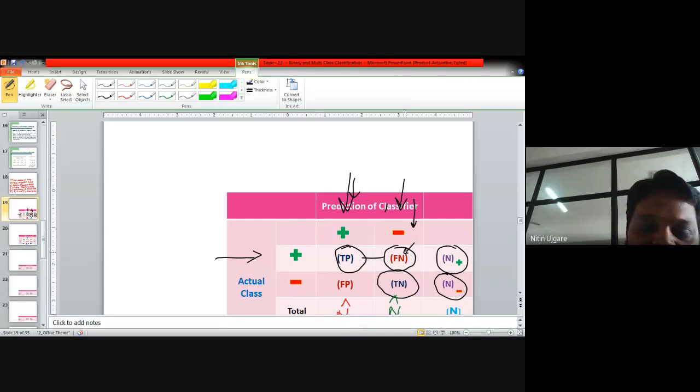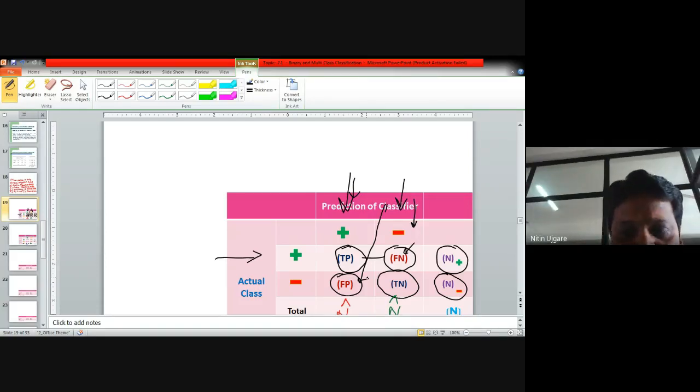In the same way, the other off-diagonal value is abbreviated as false positive. These false positive instances are actually negative class instances, but our classifier has predicted them as positive instances, and hence they are called false positive instances.